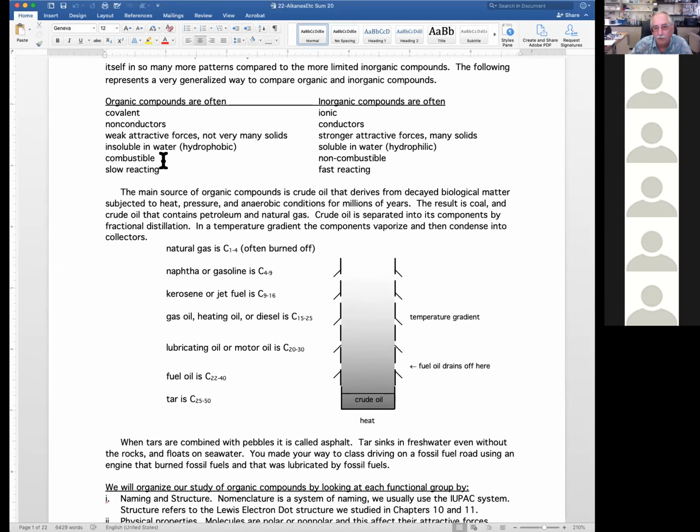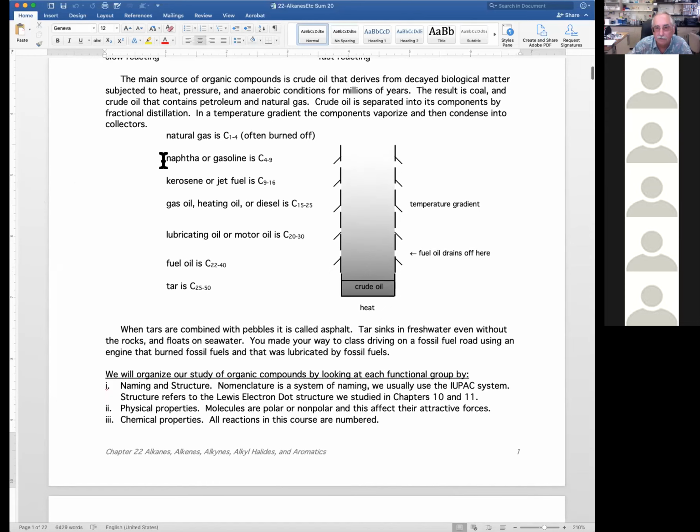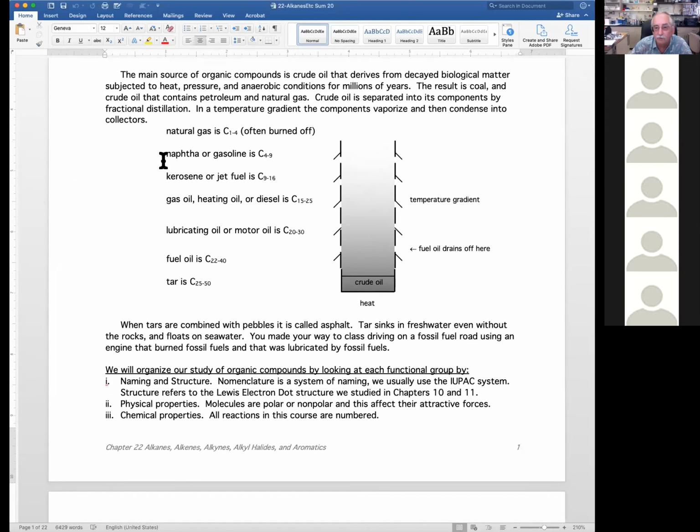So where do we get organic compounds from that we use in everyday organic chemistry? Well, from crude oil. So by the way, the early Earth did not have high mountains and deep oceans. That came from plate tectonics. So there were lots of shallow estuaries and swamps. It was really swampy.